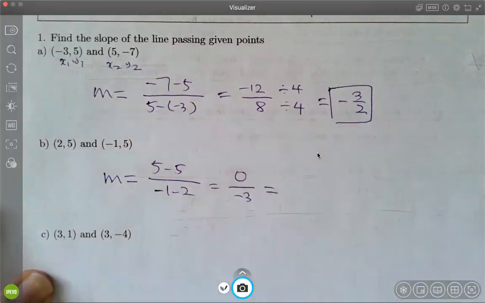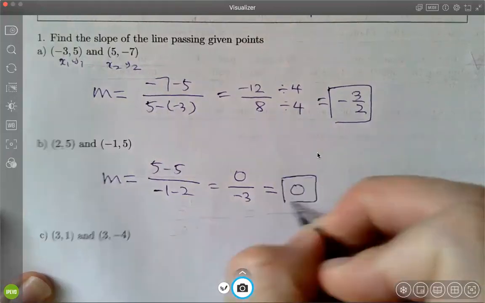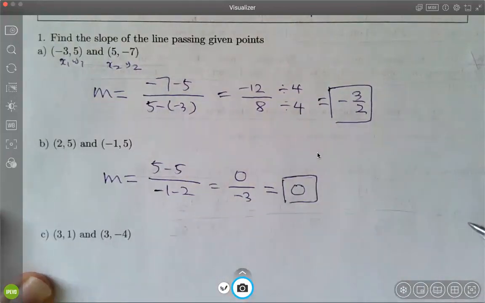What is 0 over -3? Is it 0 or undefined or -3? Now you have a third of the chance to get it right. So, what is 0 over -3? 0. Got it right. Okay, so remember 0 at the top means 0.